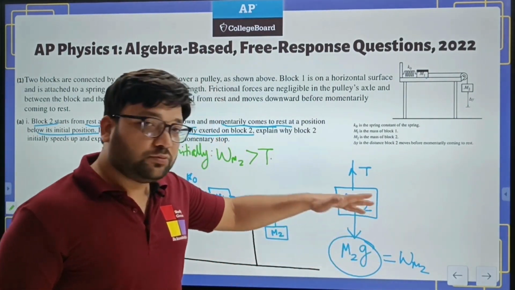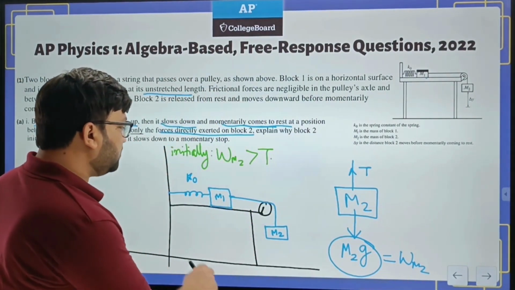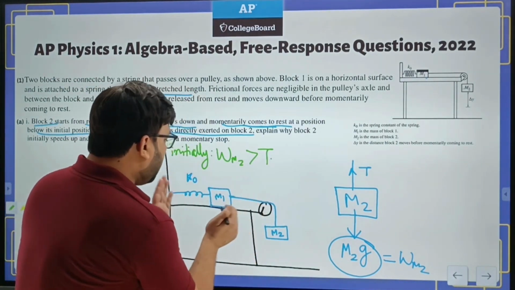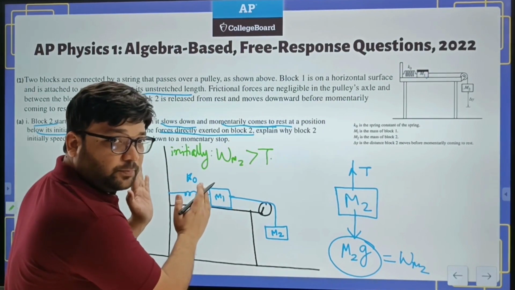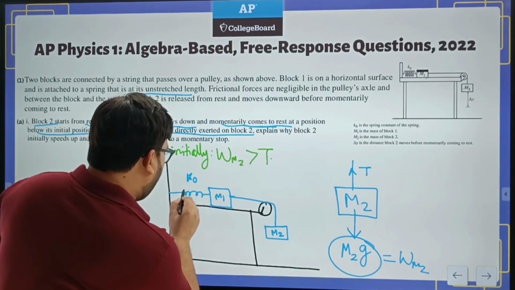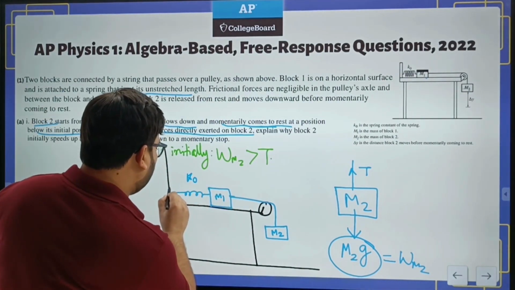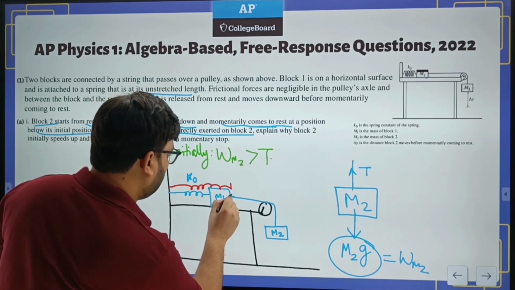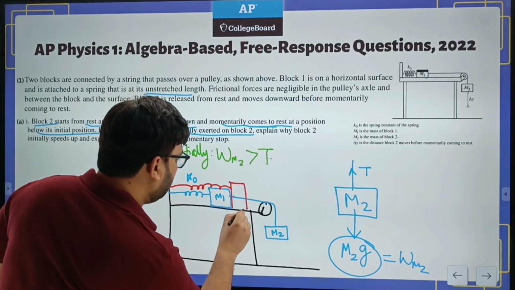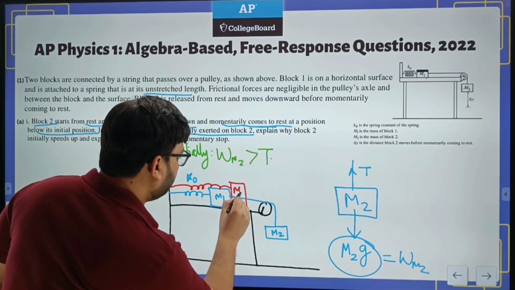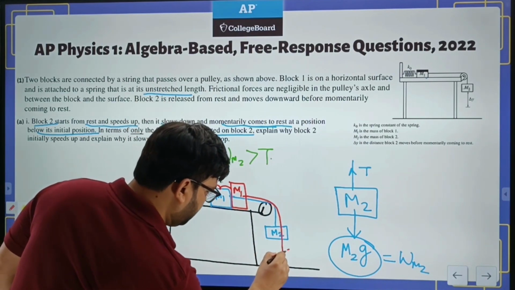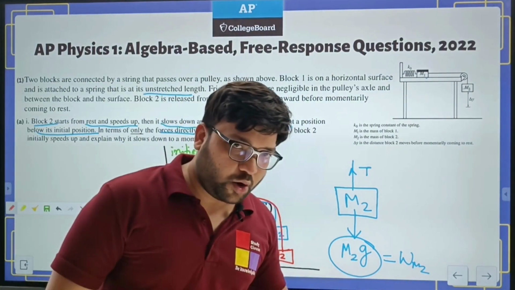But as M2 moves downward, what happens? M1 moves ahead and there is some elongation of the spring here. Let's say this is the new situation: the spring is elongated somewhat and M2 has come down a bit.